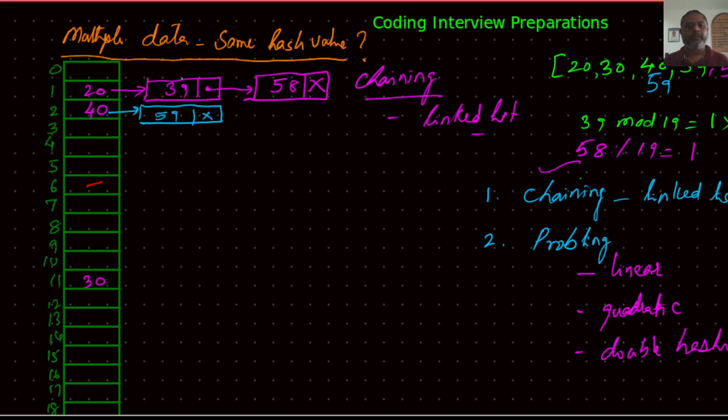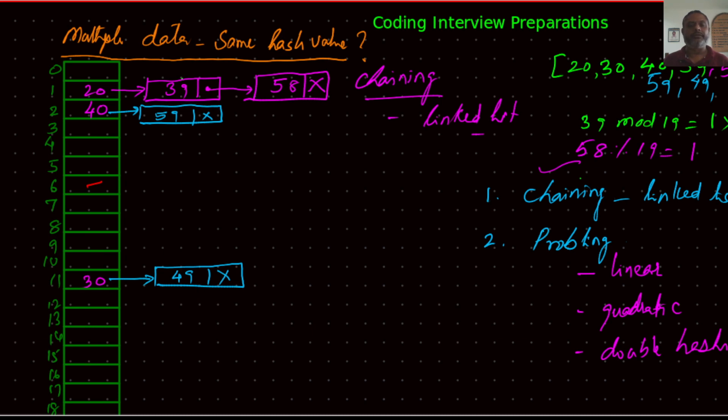Same way, if you get something like 49, then we get another 11. So we will have 49 here. So this way we can make a linked list.